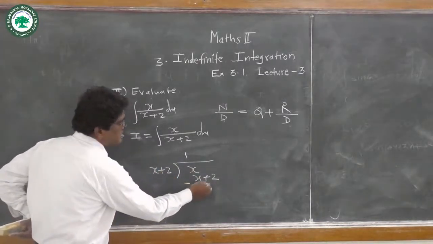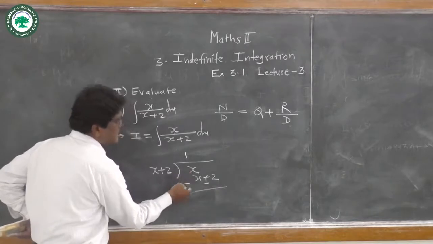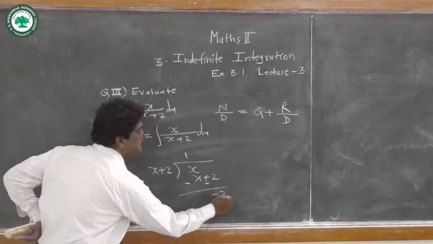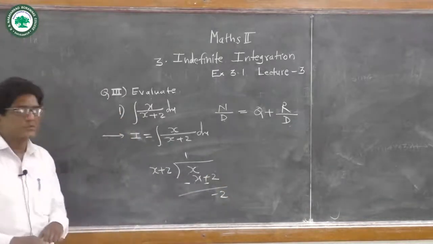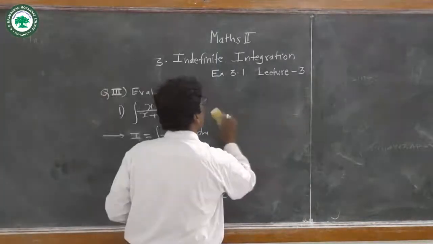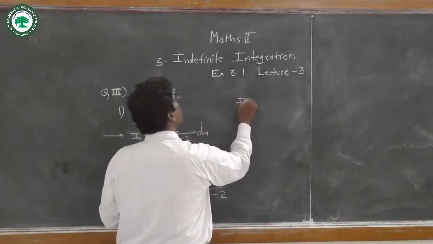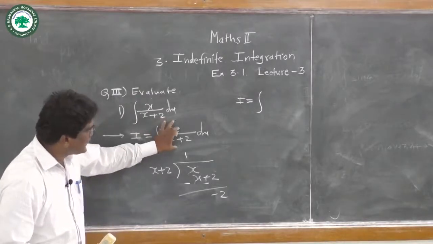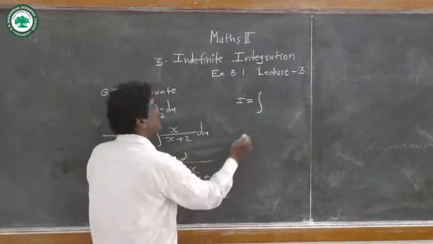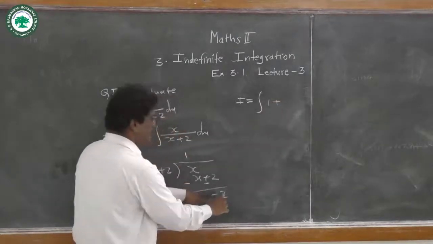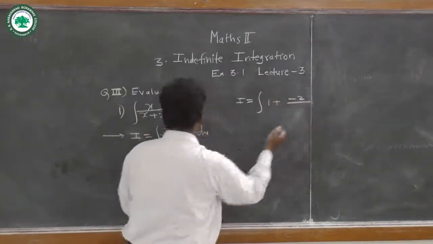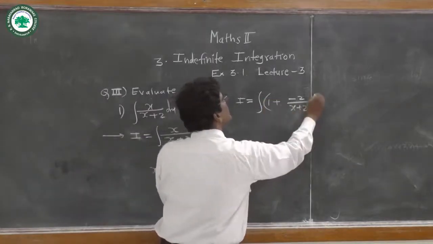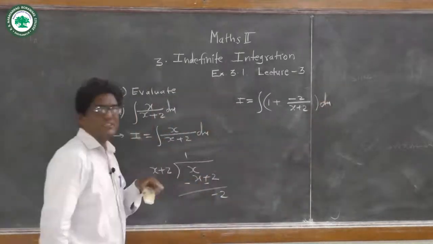Now take the subtraction. The x and minus x cancel each other, and the remainder is minus 2. Therefore I is equal to the integration of n upon d. We write the quotient, that is 1, plus the remainder minus 2 divided by the denominator x plus 2. This is the method to solve such type of problem.